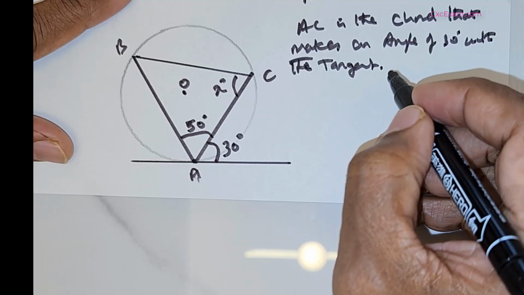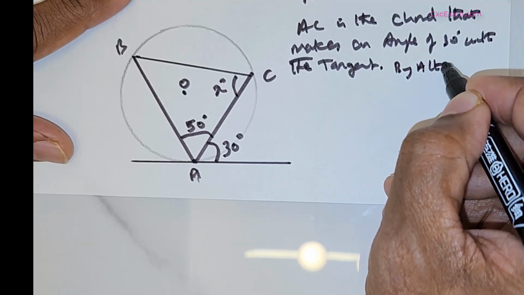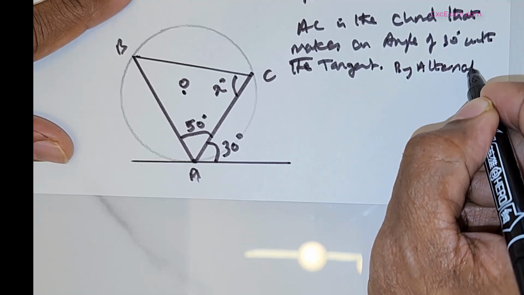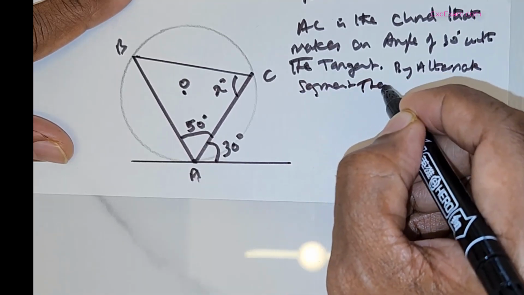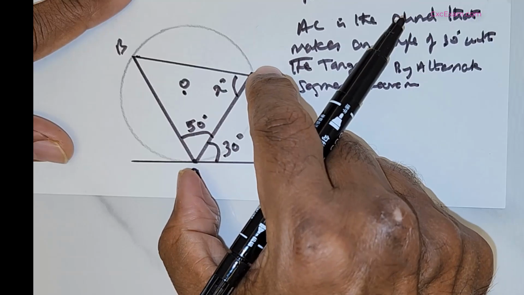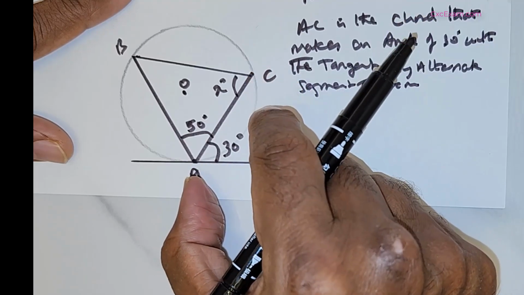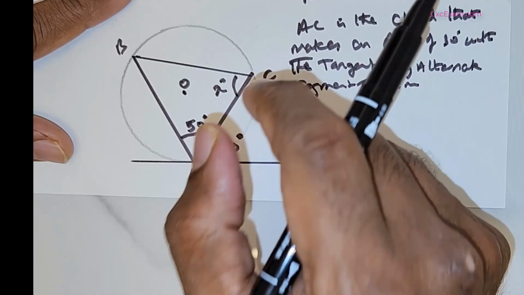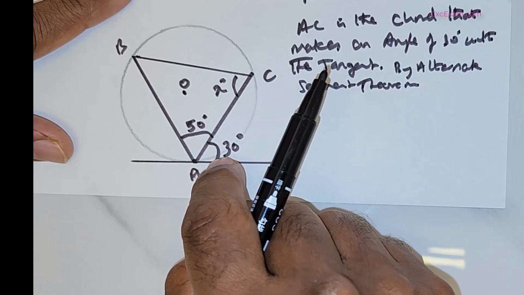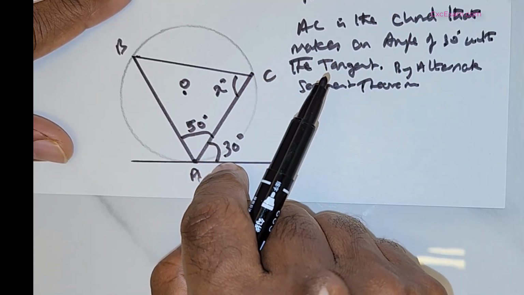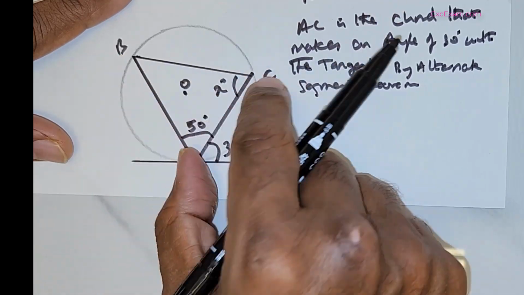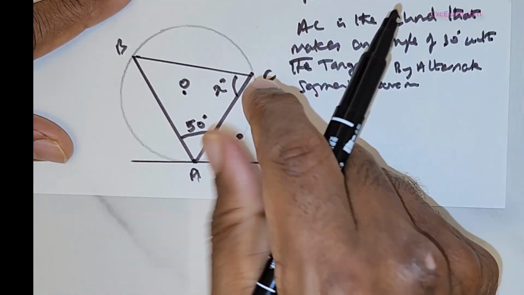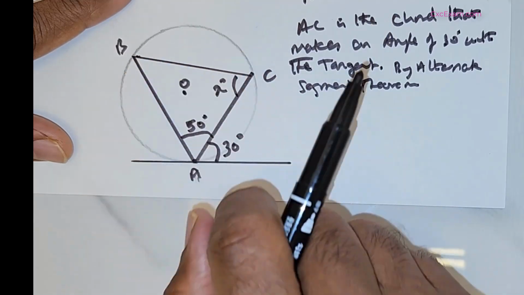So by alternate segment theorem, the angle subtended by AC or CA, or I would say the angle created by AC with a tangent will be equal to the angle subtended by the chord AC at the circumference.